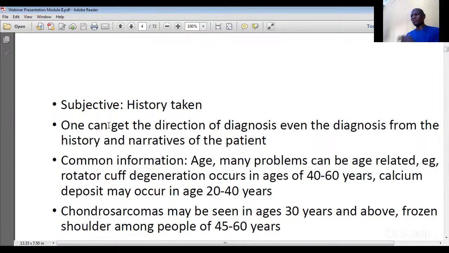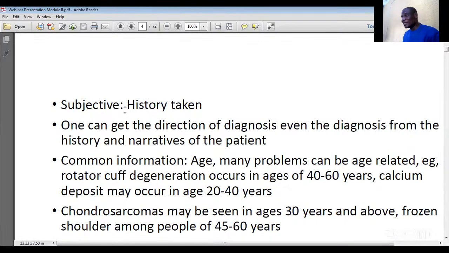So whenever somebody is complaining of pain at the shoulder, and there was no history of fall, no history of maybe accident, it can be two things. Maybe rotator cuff degeneration, maybe osteoarthritis. Right. That's age-related. If somebody is between age 20 to 40 years, you may be talking of calcium deposit, right, in the joint.